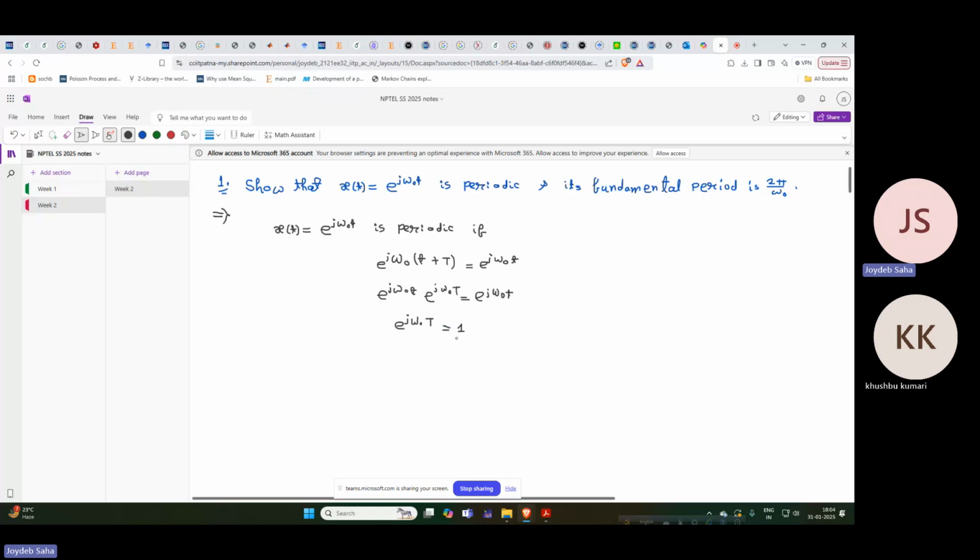Fine. Now, when is it possible that the value of e to the power j omega 0 capital T is equal to 1?